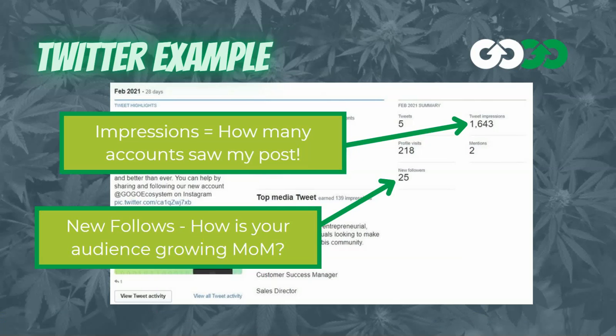And then new followers, obviously you can track followers month over month, year over year. You can see what your top tweet was for the month. All of these things start to provide you with actionable data that you can go back and use to refine messaging going forward. Again, this can all be useful in helping guide your messaging and ongoing content strategy.